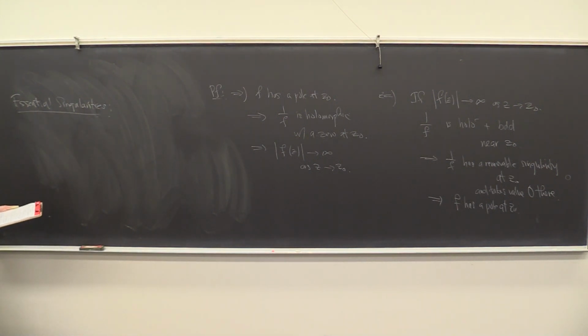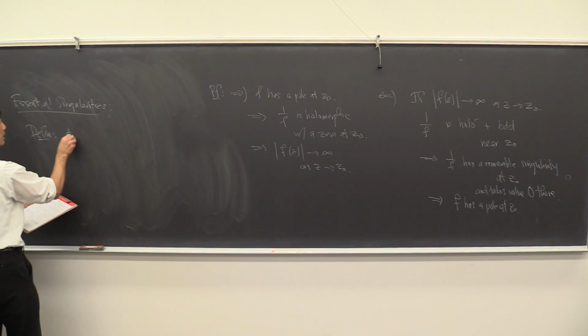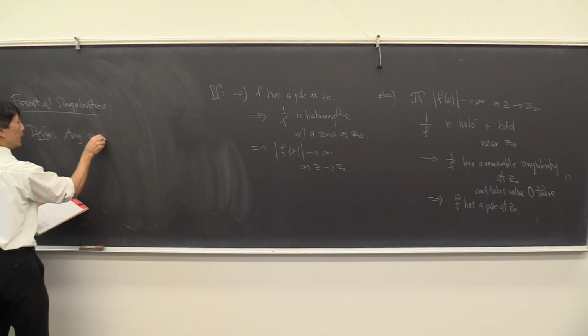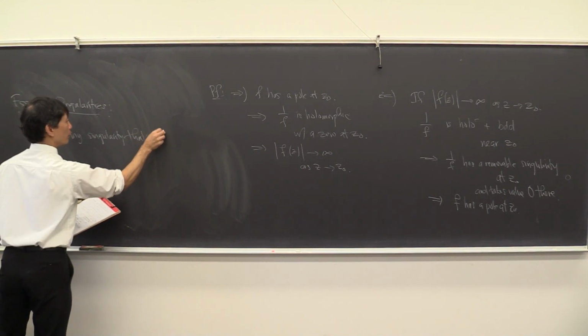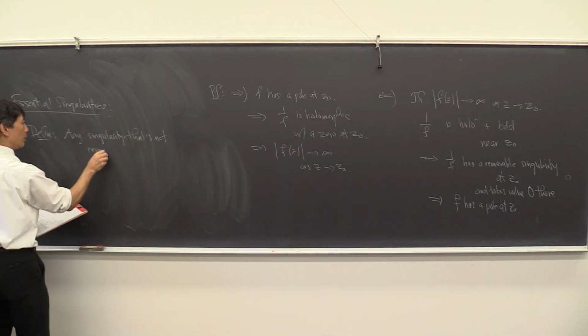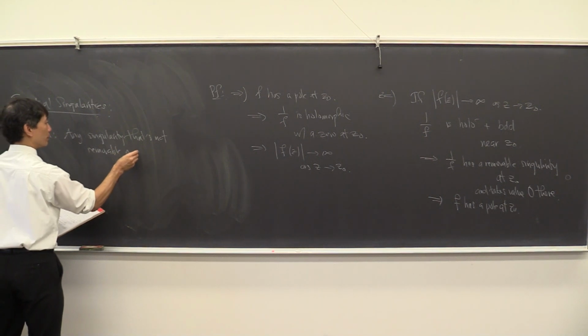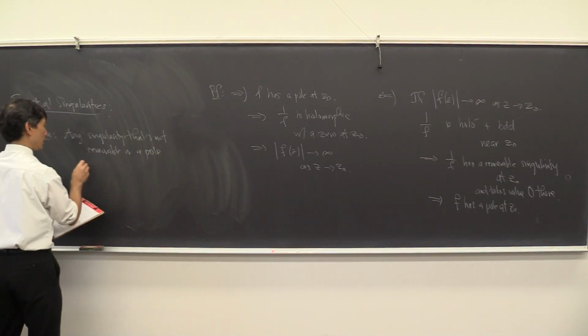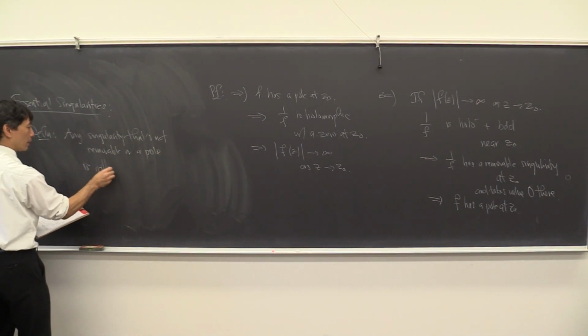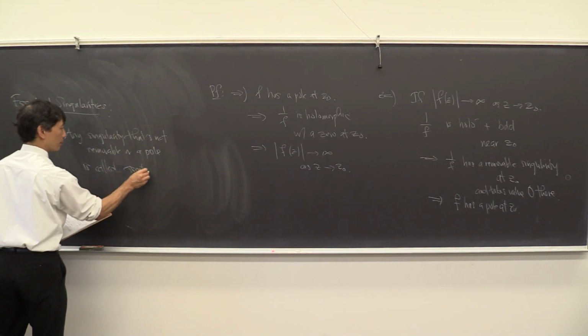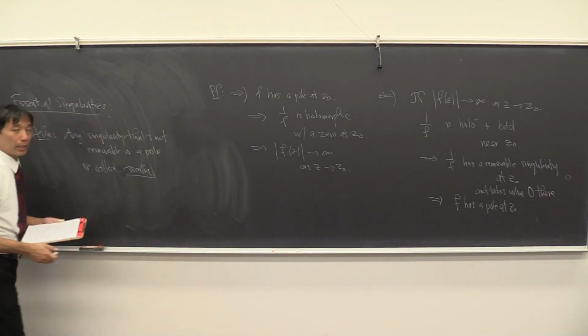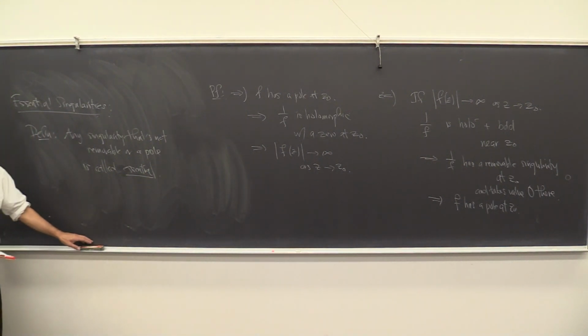Basically, an essential singularity is any singularity that's not removable or a pole.